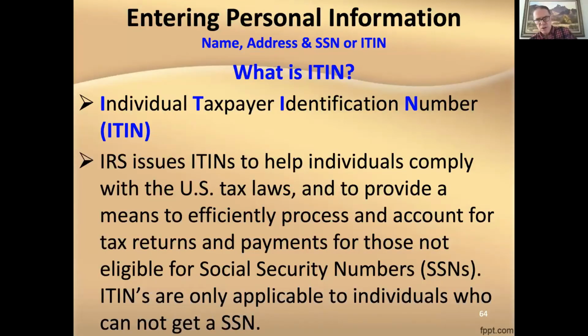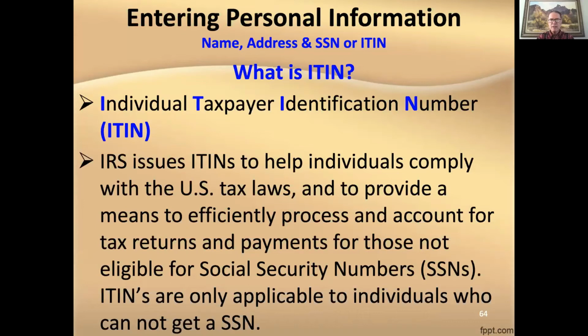Okay, we mentioned Social Security numbers earlier. We also want to make sure that you understand what an ITIN is. An ITIN is an individual taxpayer identification number. They issue ITINs to individuals to help comply with US tax laws and to provide a means to efficiently process and account for tax returns and payments for those not eligible for Social Security numbers.